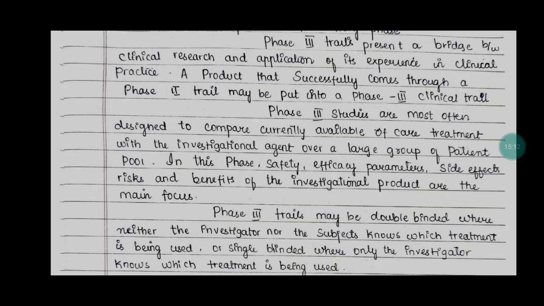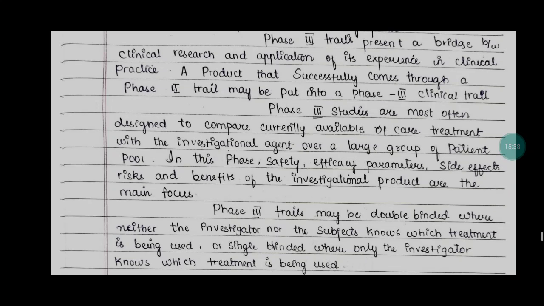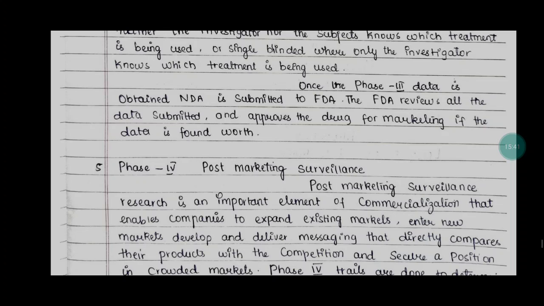So in this phase, the safety, efficacy, parameters, side effects, risks and benefits of the investigational product are the main focus. Phase 3 trials may be double blinded, where neither the investigator nor the subjects know which treatment is being used, or single blinded, where only the investigators know which treatment is being used.